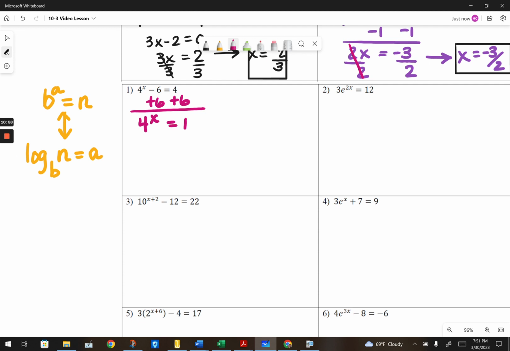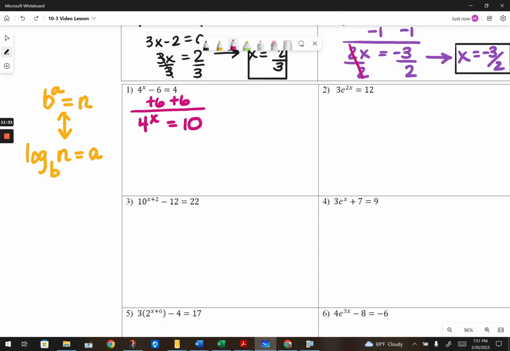Okay. Now what I want you to notice is that here's a situation where trying to get the 4 to the x and the 10 to have a common base is going to be highly impossible. Okay. 4 has bases of 2 and 4, but 10 cannot. 2 to the power of nothing will give me 10. 3 to the power of nothing is going to give me 10, and so forth.